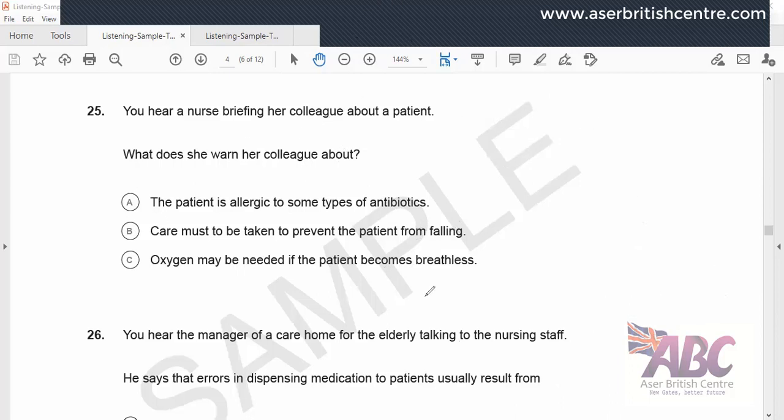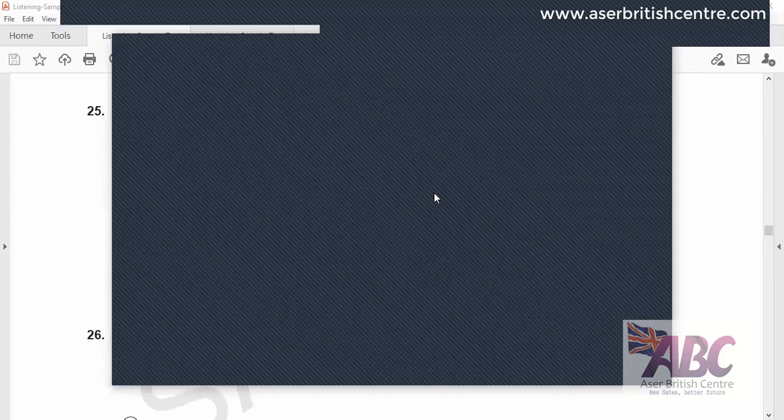Now, what we need to know is how we can tackle this kind of question here in part B. Let's see how we can deal with it first before going to the test itself. First, we need to know or answer what's the context of the listening that we're listening to.